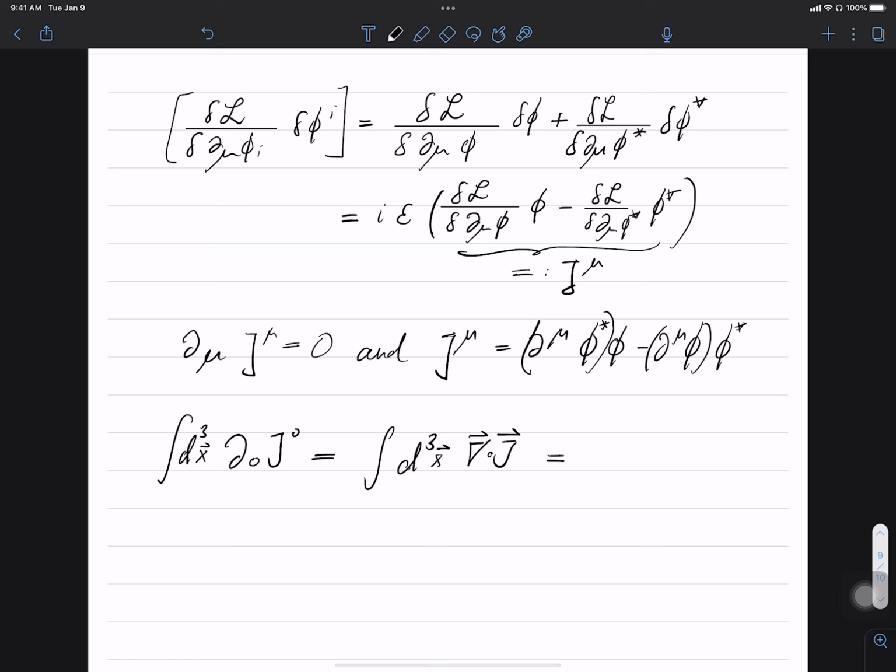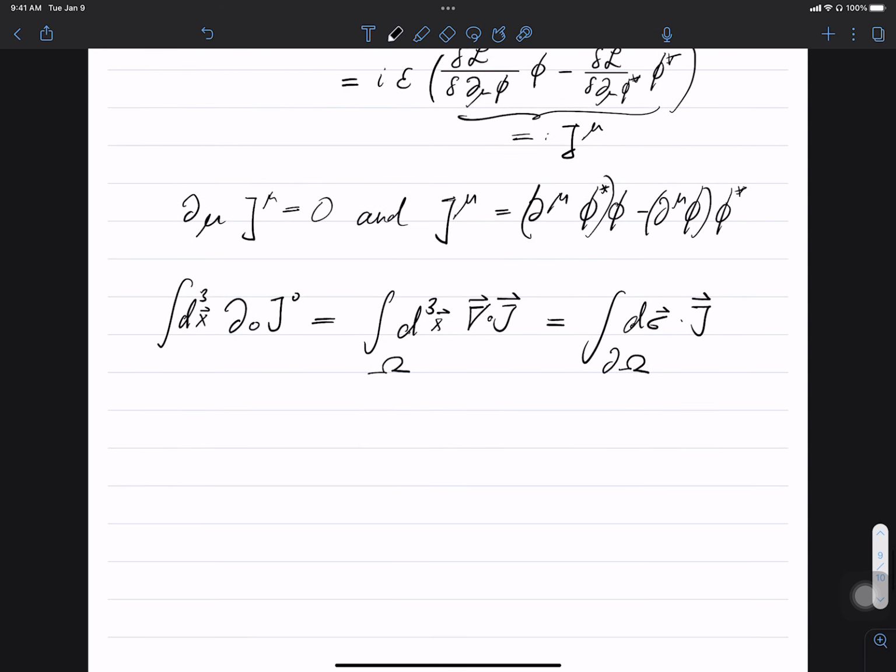And we know that this is nothing else but the integral over the boundary. Let's say we integrate over the space omega, the entire space, so this will be the boundary of omega. Let me write this as a boundary of omega term here, a two-dimensional integral over j. Better to write it with a vector. Yeah? So you have a two-dimensional integral over the surface that surrounds this volume, and that is in general equal to 0.